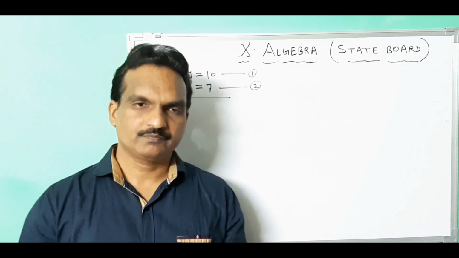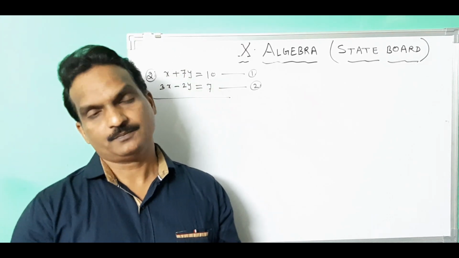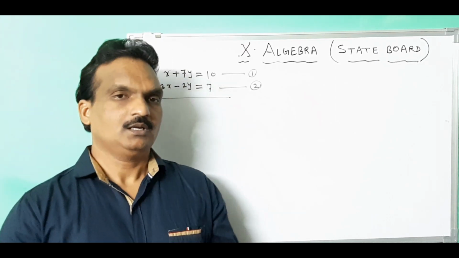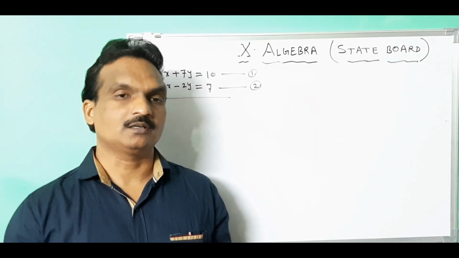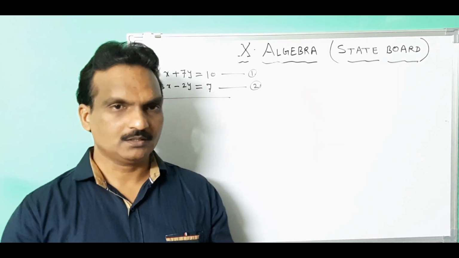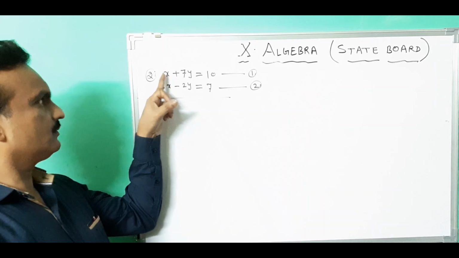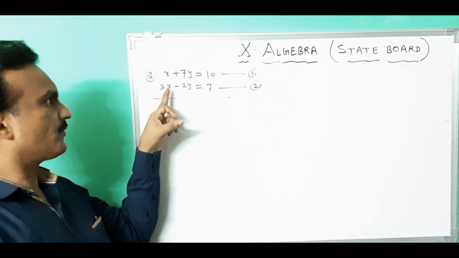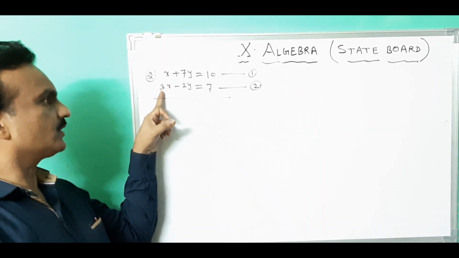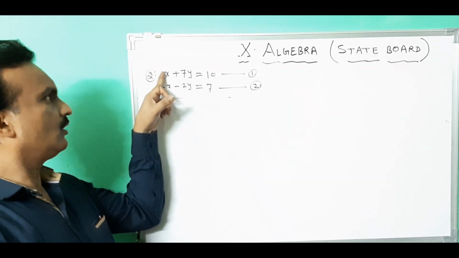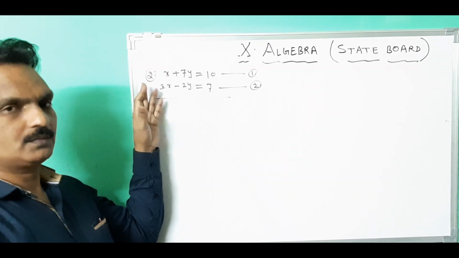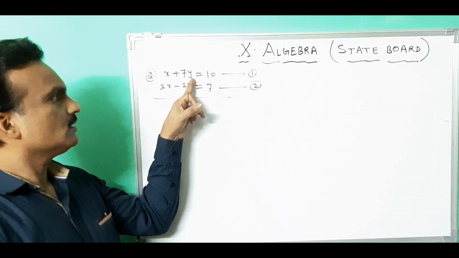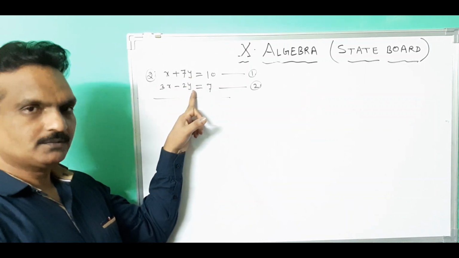First, what we will see is whether the coefficients of the variables are the same or not. The coefficient of x here is 1 and the coefficient of x here is 3. Coefficients are different. Now see the coefficients of y.